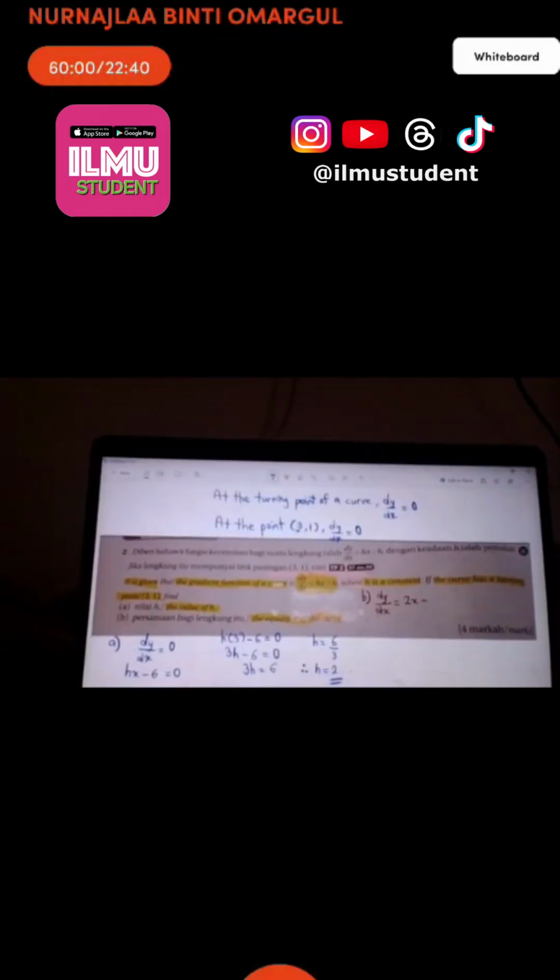For question B, we have known that the gradient function, dy/dx, is equal to 2x minus 6.